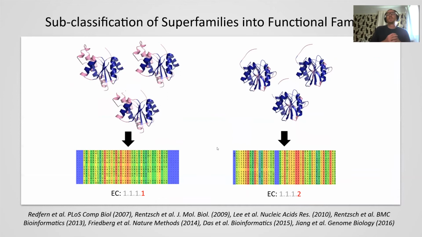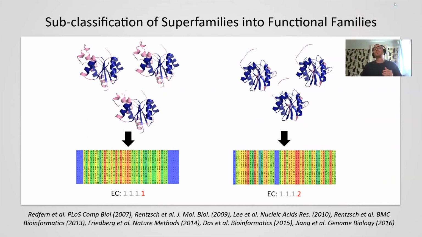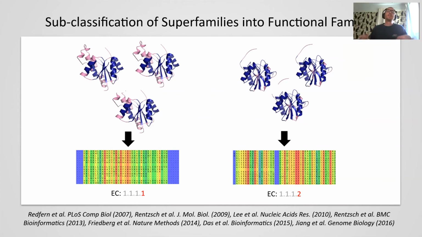So in order to take into account this functional diversity, we need something a bit more specific than grouping these domains just into superfamilies. And this is where functional families, or FunFams, within CATH come in. The idea is that all of these 6 structures are in the same superfamily in CATH, and the common core again is highlighted in blue. The 3 on the left all do a particular function, highlighted by the EC term 1.1.1.1.